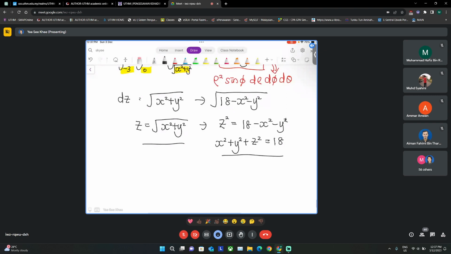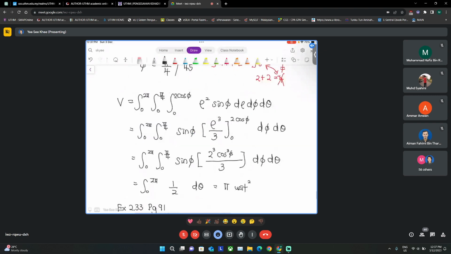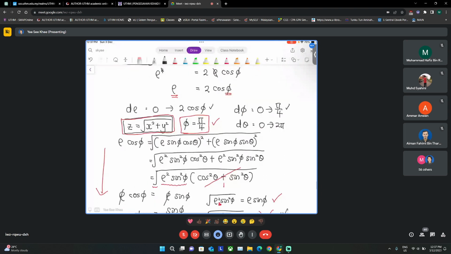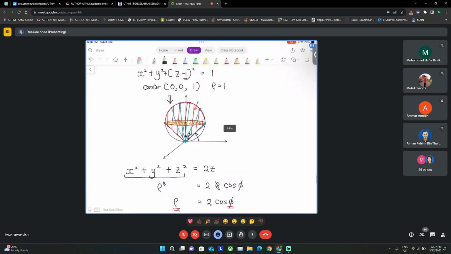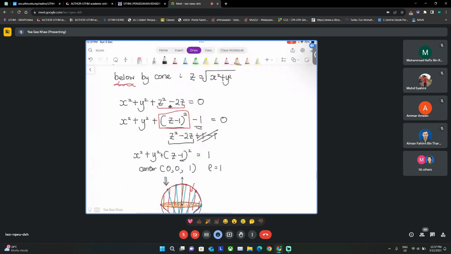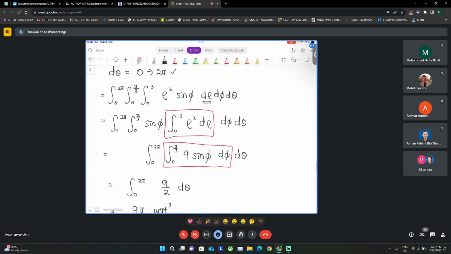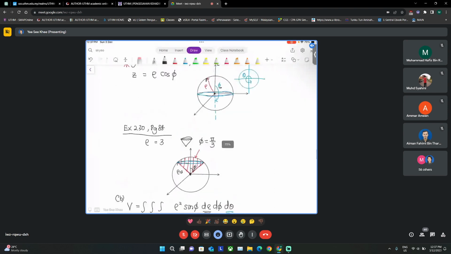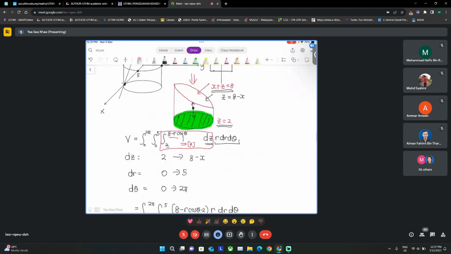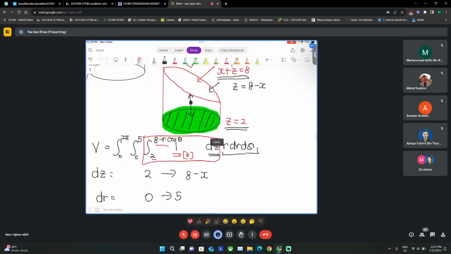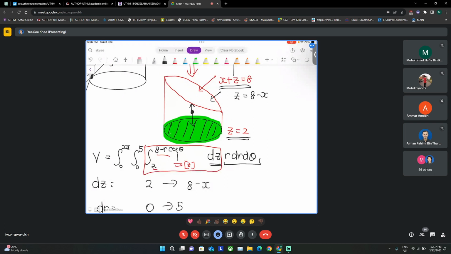If you remember how we derived the volume previously, we referred to the cylindrical coordinate. When we have a 3D structure, I always ask you to look up and look down.